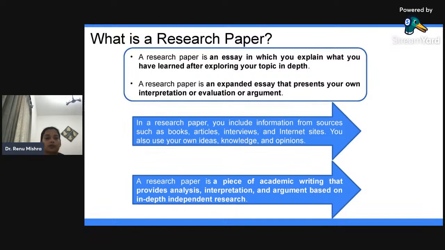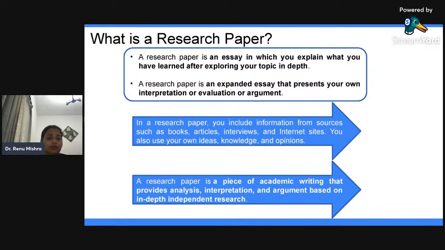Your own interpretation can only be sustained when you have given the proper arguments and the proper analysis, and that can be done only when you have done a thorough literature review, when your data is properly collected, and when your data is properly analyzed.